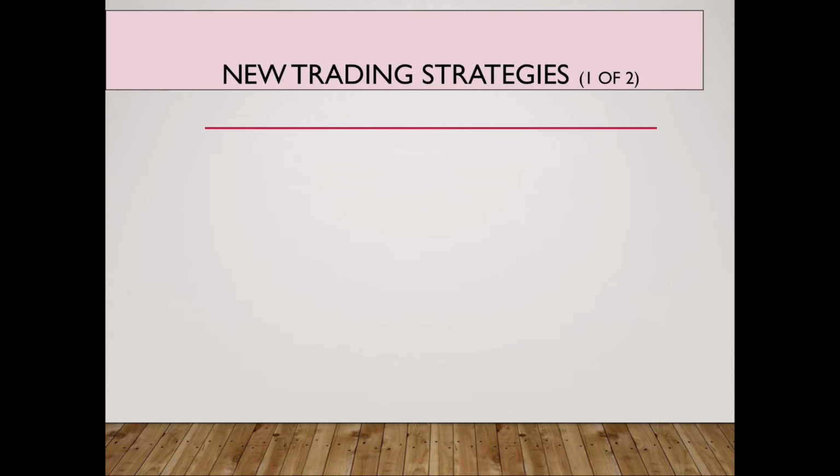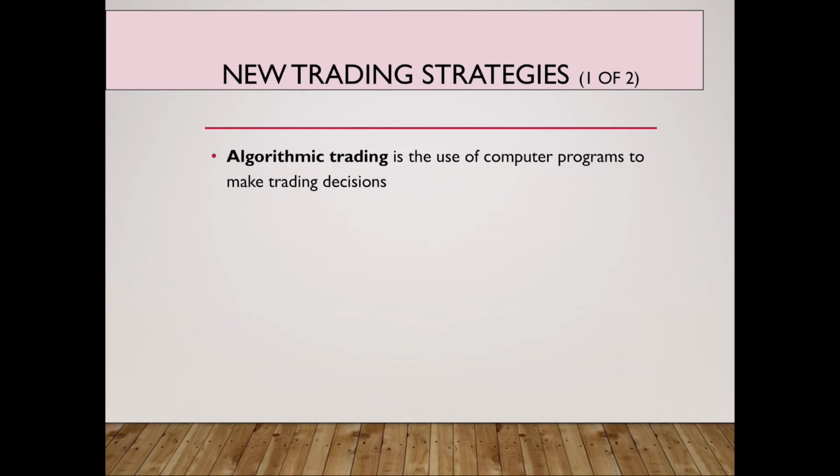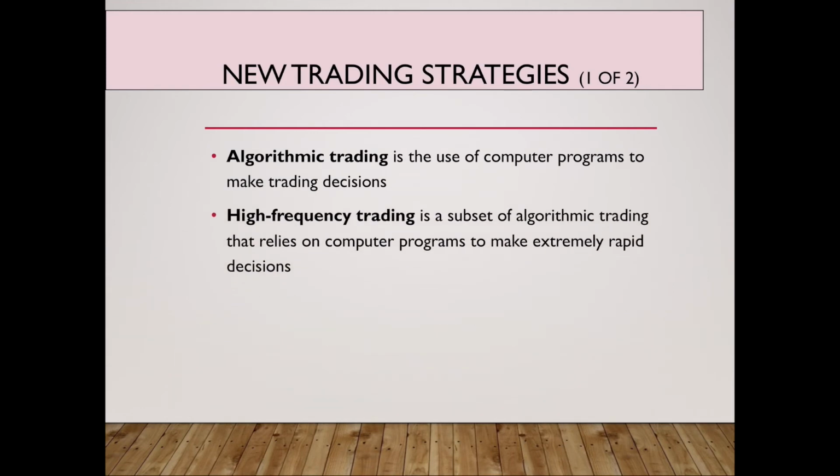So next is new trading strategies. So those are different trading systems in which trades occur. Let's discuss a few new trading strategies that have come about in more recent years. The first is algorithmic trading. This is the use of computer programs to make trading decisions, and a subset of algorithmic trading is high-frequency trading. This relies on computer programs to make extremely rapid decisions.